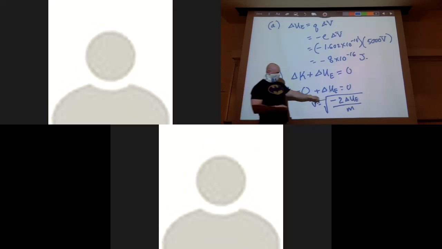Now, don't be worried about this negative sign, because usually a negative sign under a square root gives me imaginary. But this negative sign will kill off this negative sign, which means this thing is going to become positive at the end. Okay? So plugging in my numbers, this works out to be about 4.2 times 10 to the 7th meters per second.